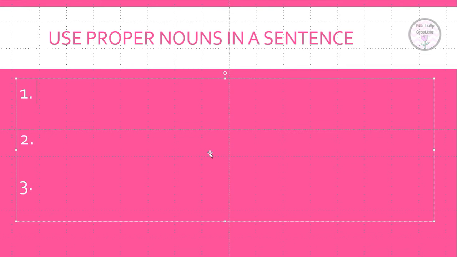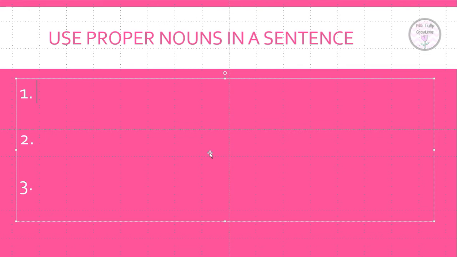And in that sentence, I would like you to please underline the proper noun that you have used and make sure that you have used a capital letter. So by the end of this time, when your teacher thinks that you're all finished, you should have 3 sentences written down on your page, and each of those sentences should have a proper noun with a capital letter.